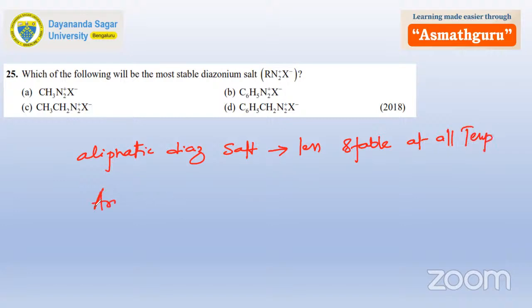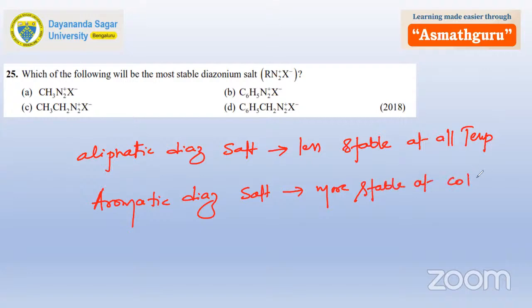Only aromatic diazonium salts, meaning there should be a benzene ring, are a bit more stable, and that too in cold conditions. This one is aliphatic, so it cannot be. The only aromatic diazonium salt is B. B is the option.